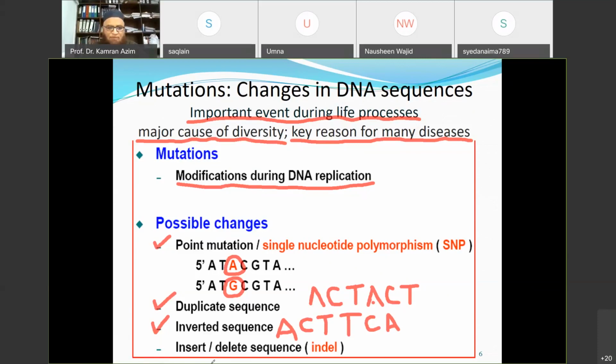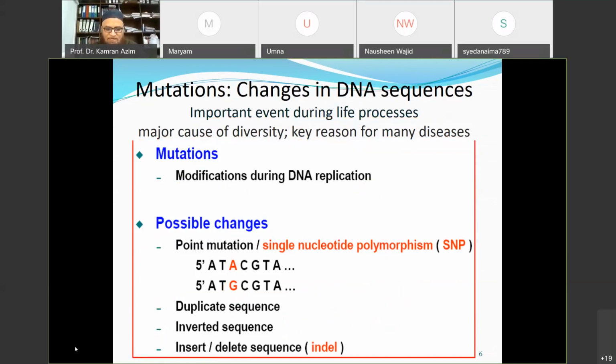And there is another important type of mutation which is called insertion or deletion. In insertion, one or more than one nucleotide is inserted into the DNA sequence, or in deletion, one or more nucleotides are deleted.